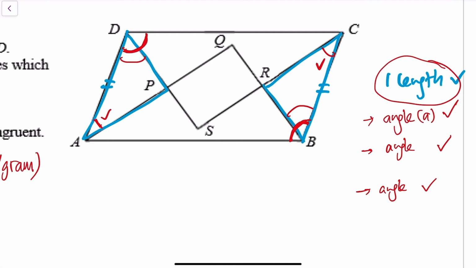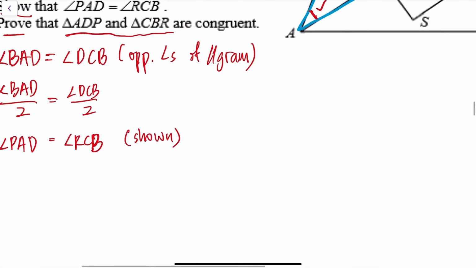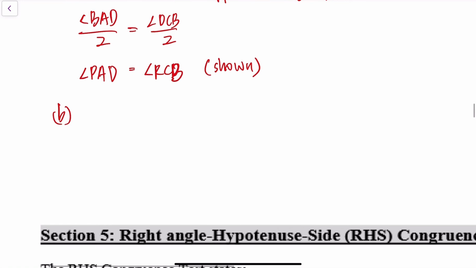Okay, so therefore when it comes to two angles, it doesn't matter whether the length is included or not. So here I'm going to write down my reasons. Let's write down what I have for my first part first. PAD is equal to angle RCB. This is given, so you don't need to write any reason because I already have it in part A. They told us that they are the same already.